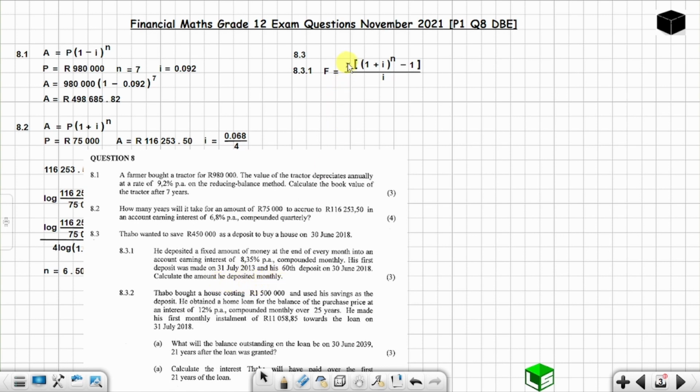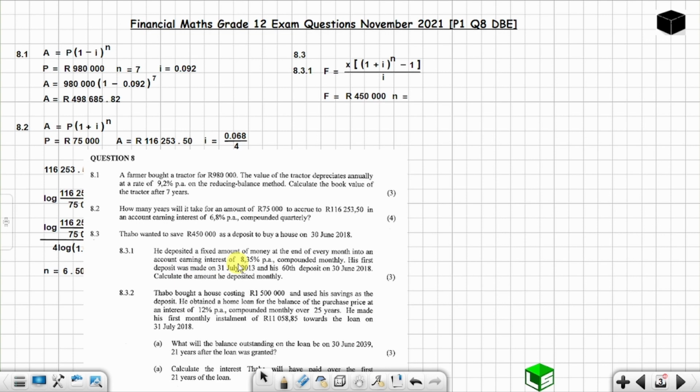To find this X, F, the future value, is this. Dabo wanted to save this, so F is equal to this. This is his target, what he wants to have in the future. You also have N, the number of payments.